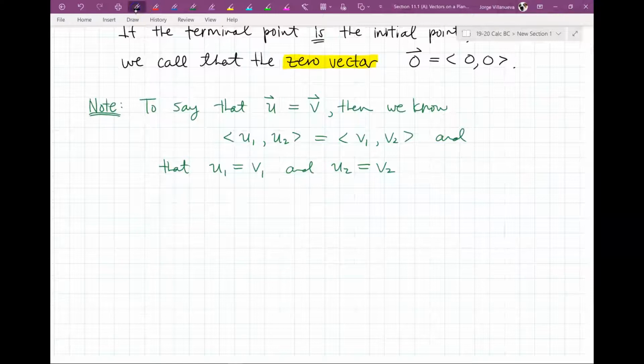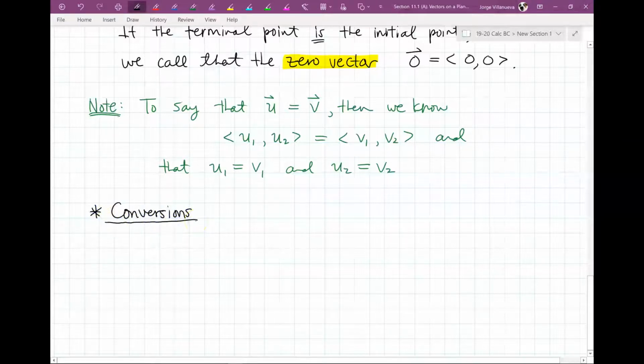So, conversions. Sometimes they want you to convert a set of points into a vector and stuff like that. So two ways that they want you to know conversions.